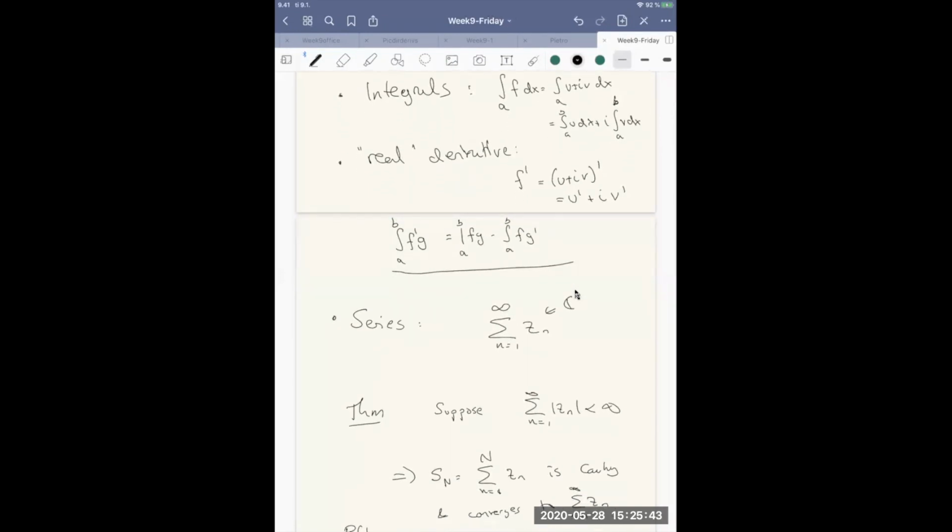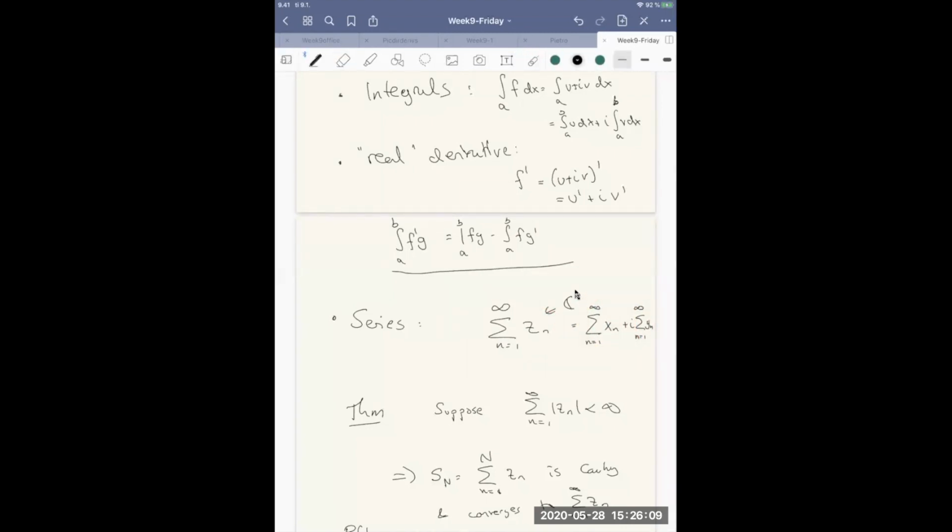Now, what about series? You have a series, n goes to infinity, of Zn of complex numbers. Well, that series, again, is a sum of its real parts and its imaginary parts. So we have two series, and you can prove that this series converges.